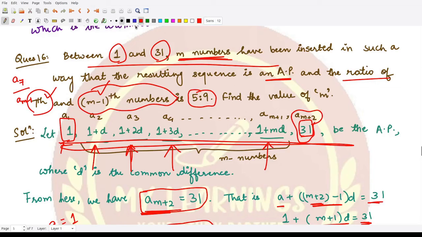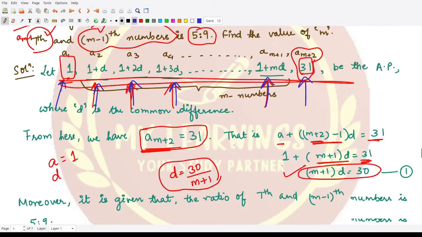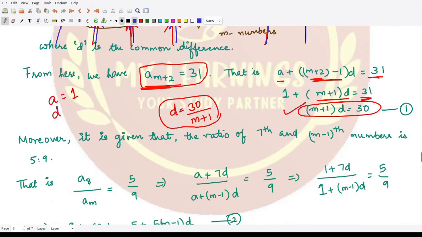However, we have this as our first term, second term, third term, fourth term, this as the (m+1)th term, and this as the (m+2)th term. Therefore the 7th number would be your 8th term, and the (m-1)th number would be your mth term. So this ratio is between the 8th term and the mth term of our given AP, and it is given to be 5:9.